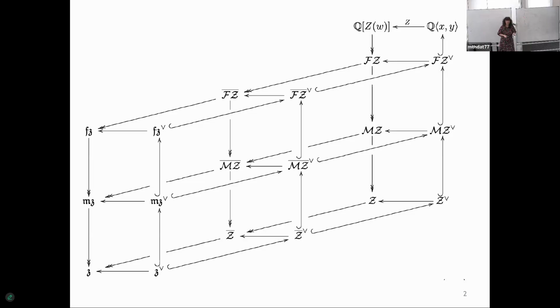But who are they? And so the definition that I'm going to use here today is MZ equals the maximal quotient of FMZ that surjects to Z, this is the real zetas, okay?